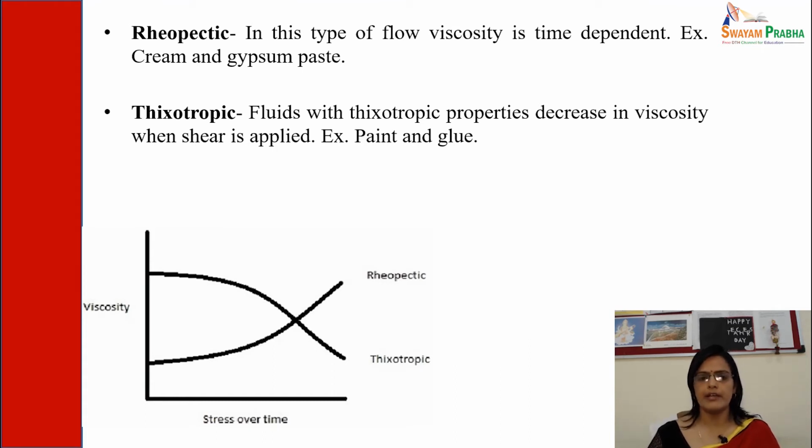For example, cream and gypsum paste. Now, thixotropic flow. Fluids with thixotropic property decrease in viscosity when shear is applied. So this is also time dependent. You can take the example of paint and glue.